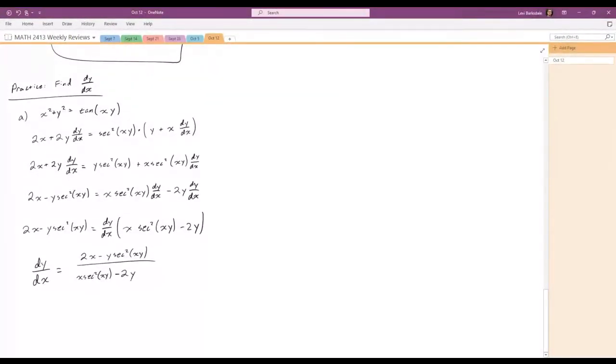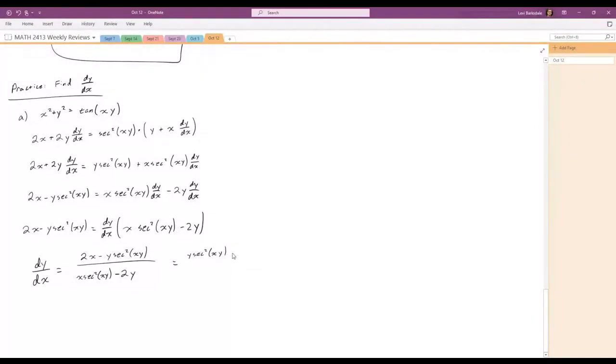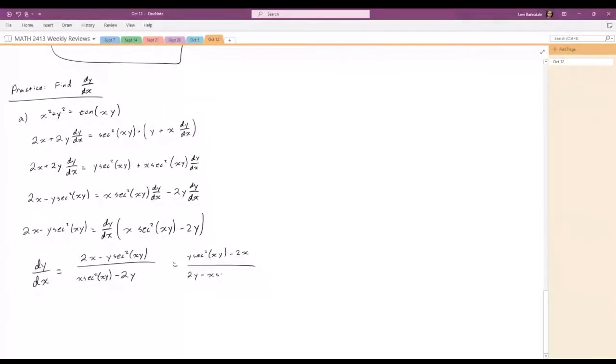All right. Another answer you might have gotten, depending on which order you did things in, you could have gotten y secant squared of xy minus 2x over 2y minus x secant squared of xy.